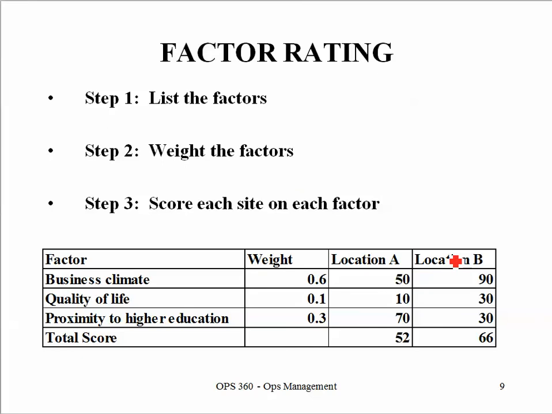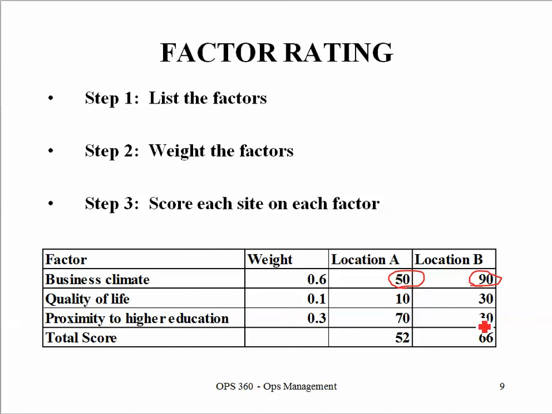So the team converses amongst themselves and decides that on a scale of 0 to 100, location A gets a score of 50, and location B gets a much higher score of 90. So it looks like location B has a better potential in terms of having a favorable business climate for our potential facility.